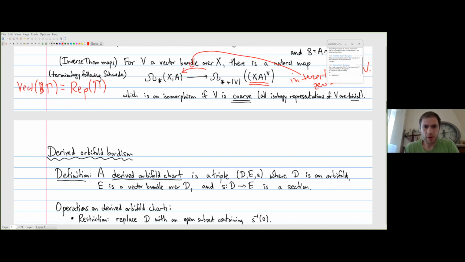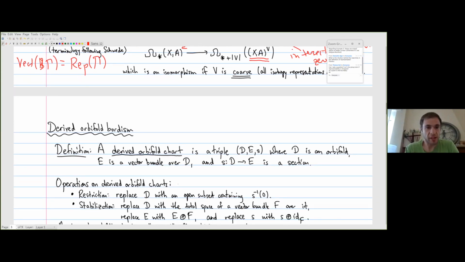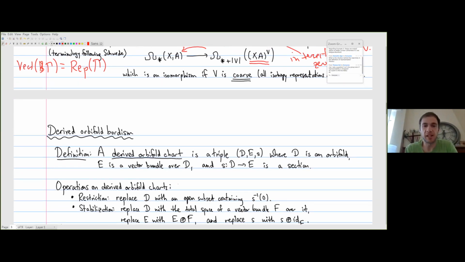There's another slightly more complicated natural operation called stabilization, where you increase the dimension of your parameter space by replacing D with the total space of a vector bundle F over it. If I did just that, that would have the effect of replacing S inverse of 0 with the total space of F over S inverse of 0. But I don't want to do that. I want this operation to preserve the zero set.